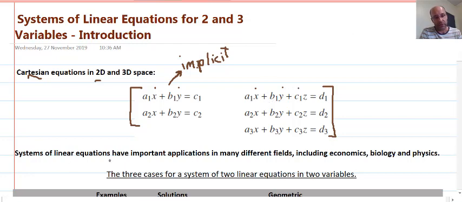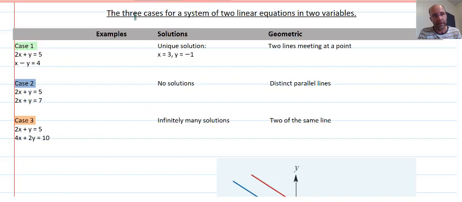So systems of linear equations, we study them because they have a huge number of applications. They have applications in a pure mathematical sense, but also, as you can see there, things like economics, biology, and physics utilize this mathematics. Looking now at the three cases for two linear equations in two variables.